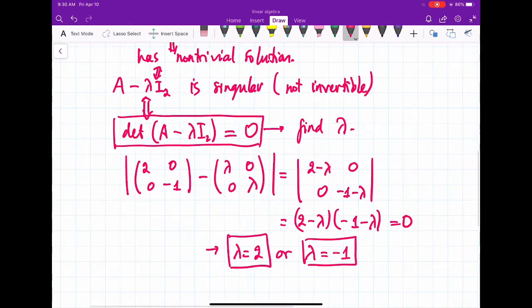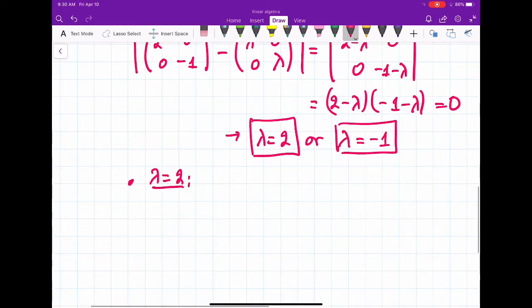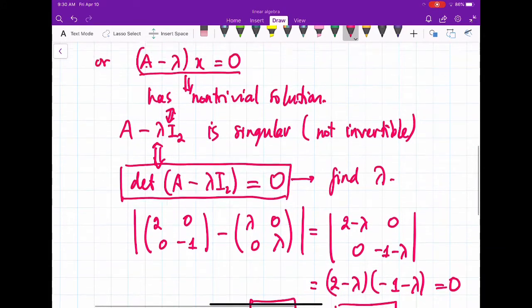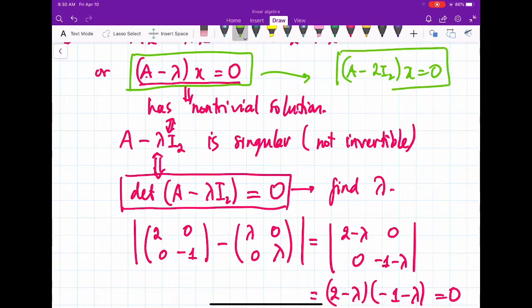For each eigenvalue, we still need to find the corresponding eigenvector. So let's pick lambda = 2. I need to find x such that Ax = 2x. Basically, I use this system right here and plug 2 into the matrix, so I have (A - 2I)x = 0.